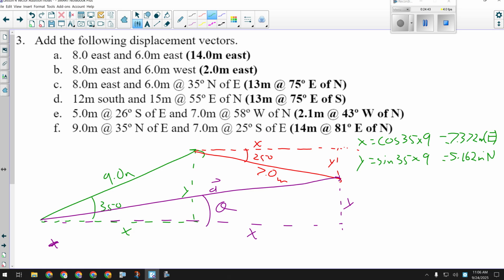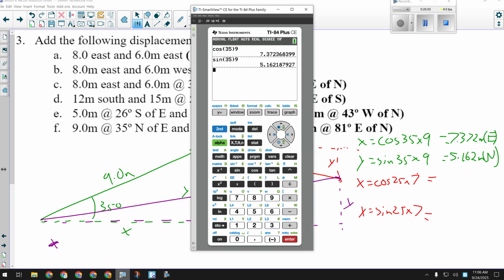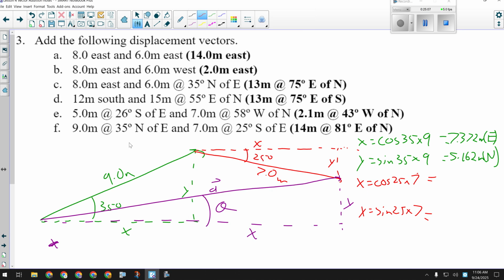meters north. Okay, and then for our red triangle, okay, red X is the cos of 25 times 7. Okay, and Y will be the sine of 25 times 7. Okay, so 6.344 meters east.